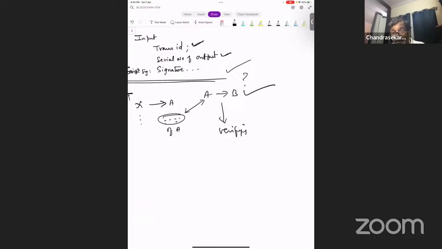Everyone will verify, because A has generated a transaction and flooded it in the Bitcoin network. His wallet generates a transaction and it floods the network. Every node will verify whether this is a valid transaction or not.